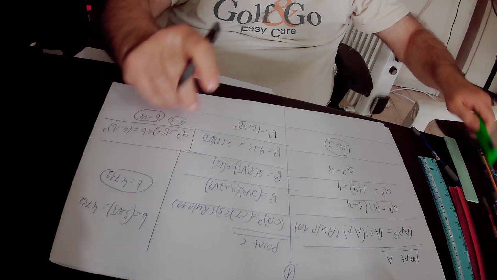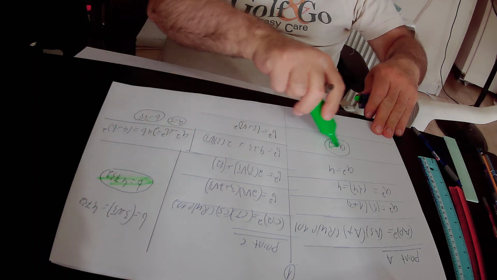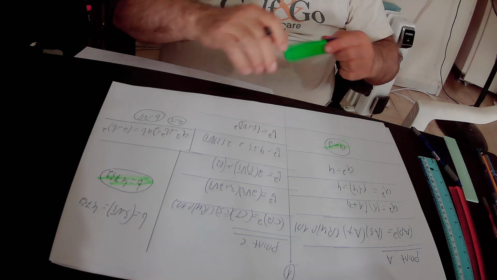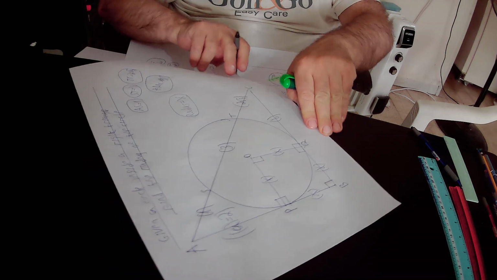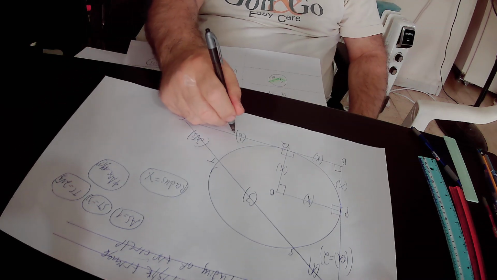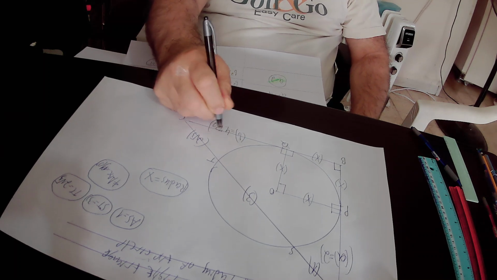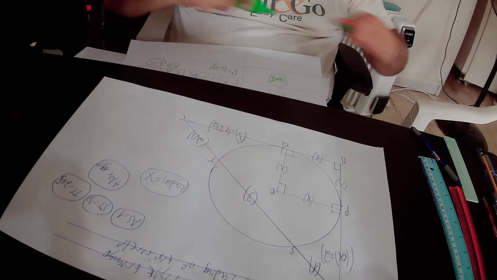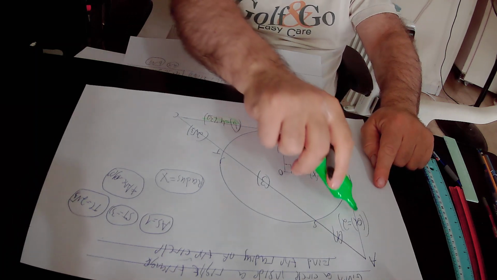So I write it down in the original drawing. We found out that this line segment QC equals b, and b equals 4.732. And we have already found out that a equals 2.